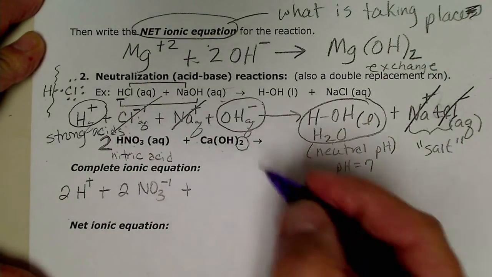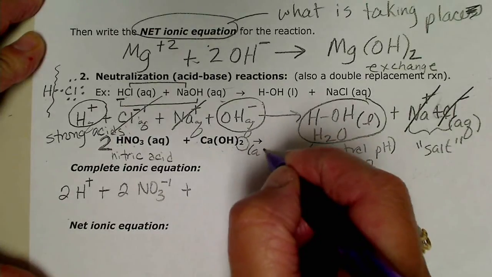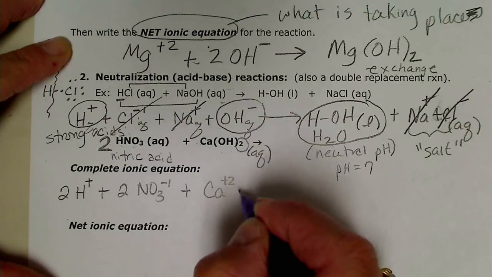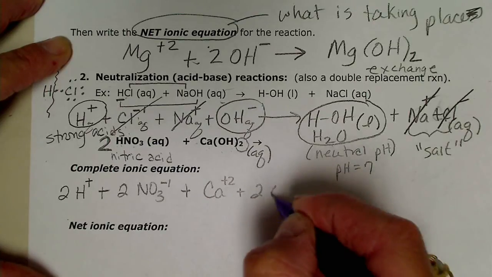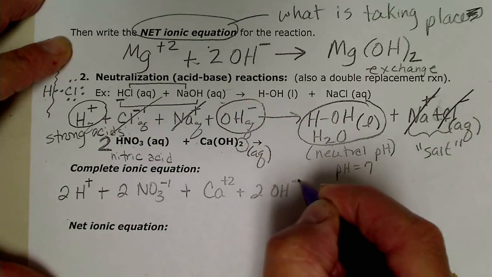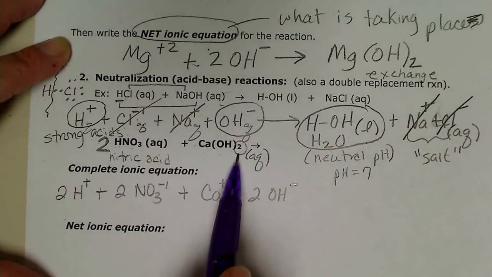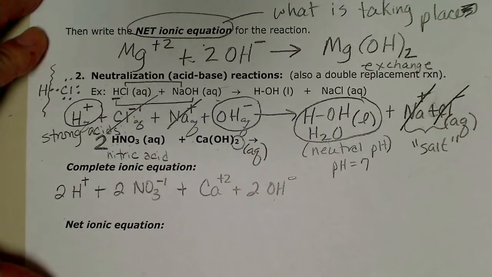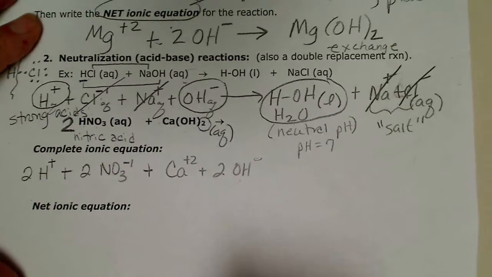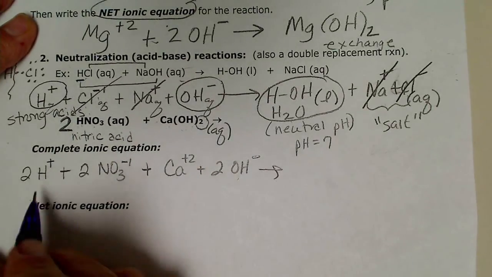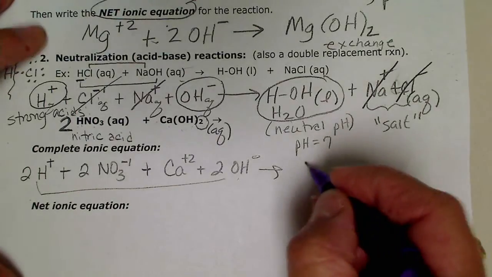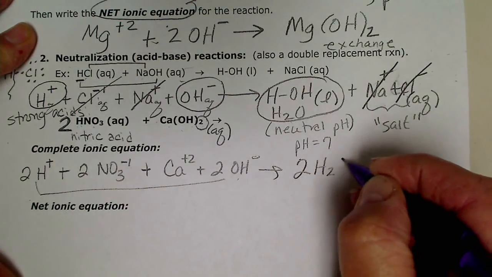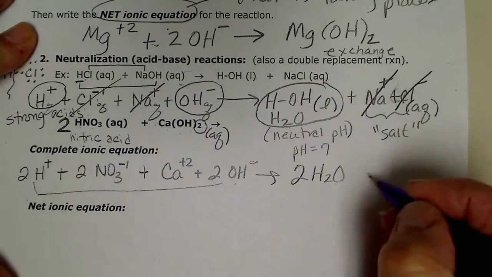And then when calcium hydroxide dissociates, we'll have 1 calcium ion and 2 hydroxide ions. Remember that the 2 means we have 2 hydroxides. And then 2 H's and 2 OH's will automatically give us 2 H2O molecules, 2 waters.